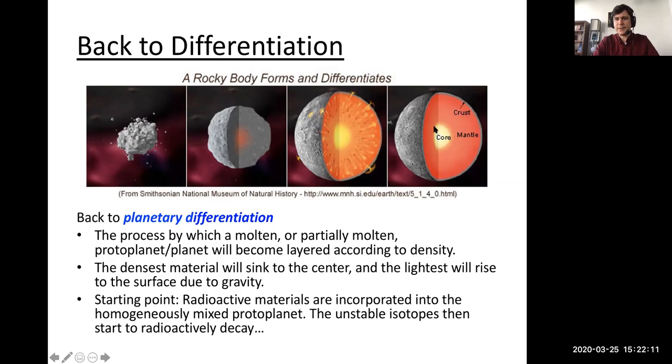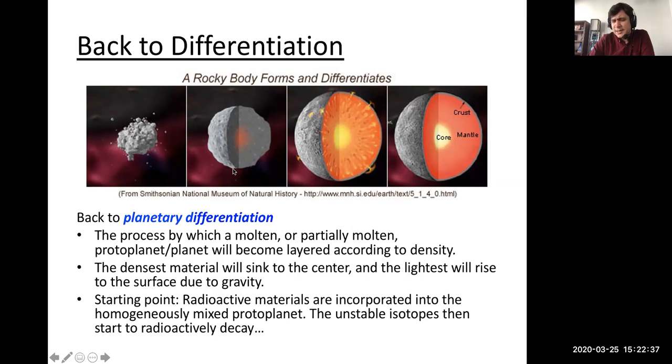So we'll end up in the center of our planet. We will have a metallic core, then a high density silicate, high density rocks, mantle, and a low density rock crust. This is what we should expect for every terrestrial planet, and a lot of the larger asteroids and larger terrestrial-like moons as well. So that is going to be the process of planetary differentiation.